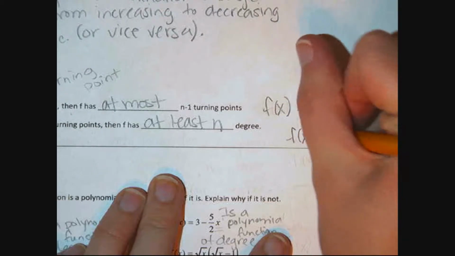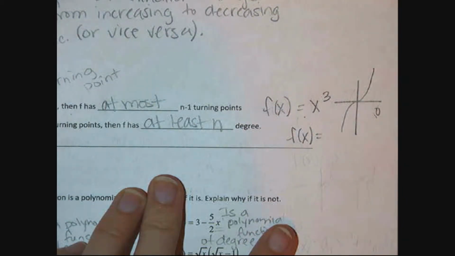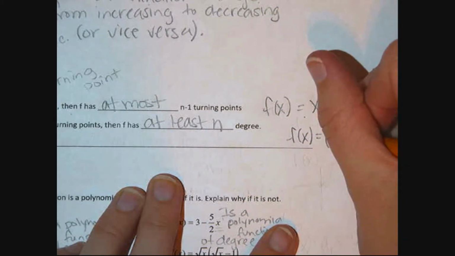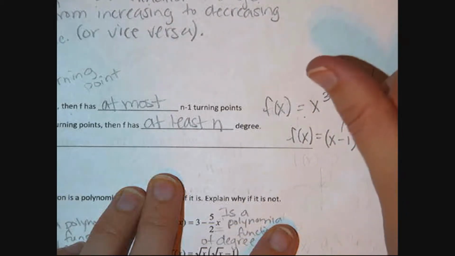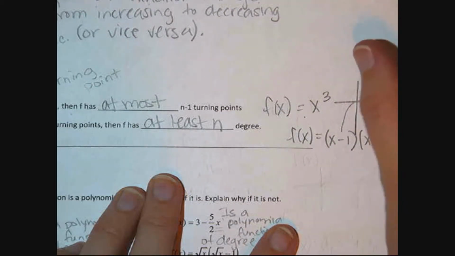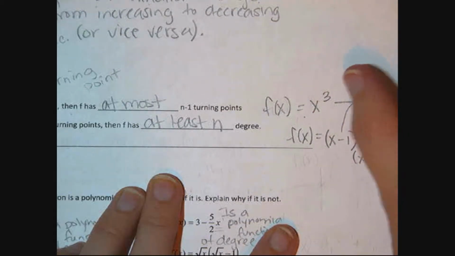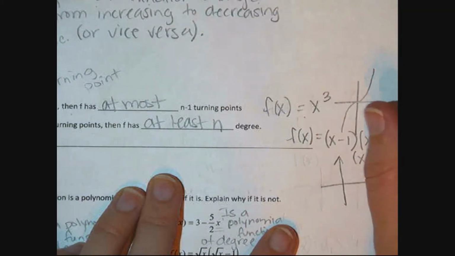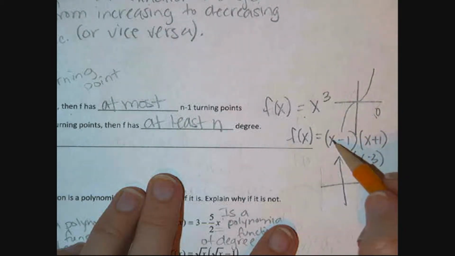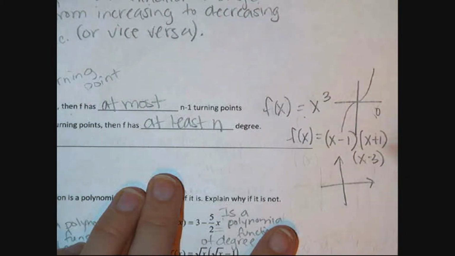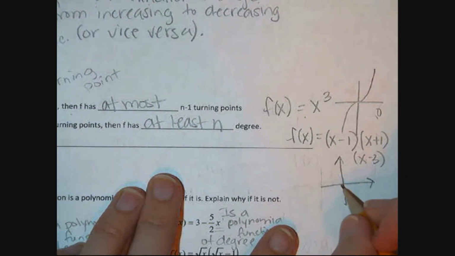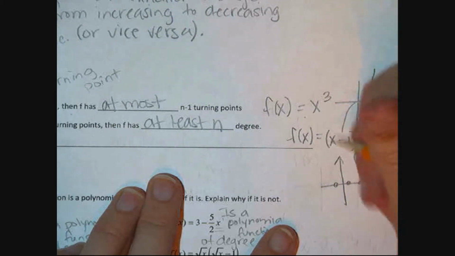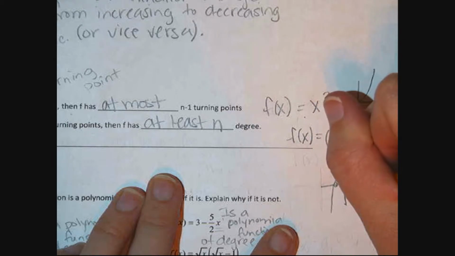Okay. Maybe if we add more zeros to this, so we have f of x equals x minus 1 times x plus 1 times x minus 3. That still gives us a degree of 3: 1, 2, 3. But this time we have a zero at -1, +1, and +3.